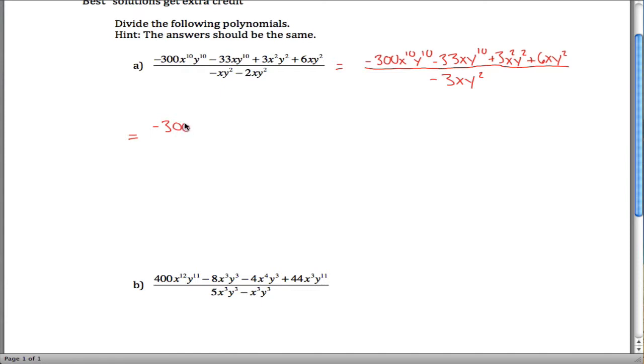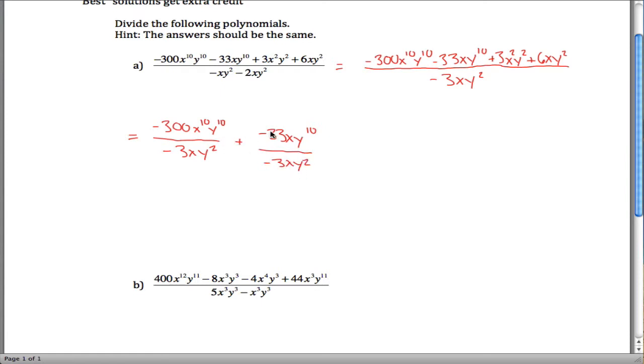My first term is negative 300 x to the 10th y to the 10th divided by negative 3 x y squared. And my next term is negative 33 x y to the 10th divided by negative 3 x y squared.